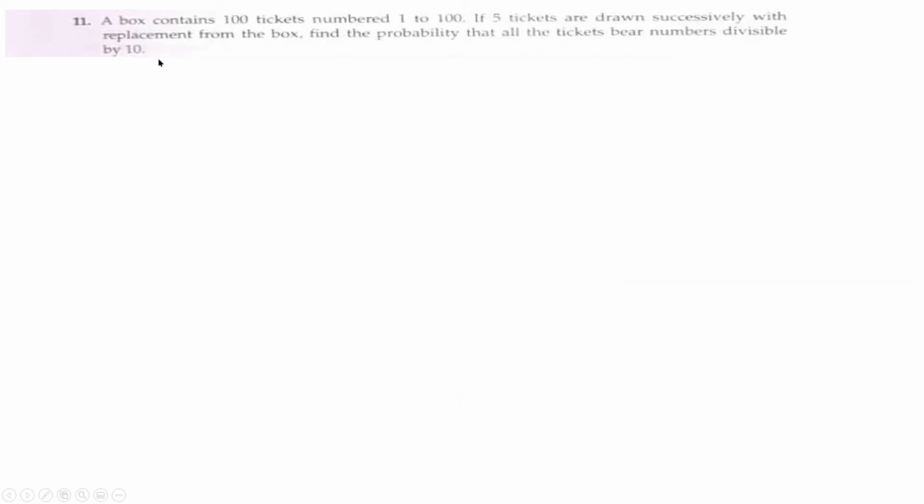Next question. A box contains 100 tickets numbered 1 to 100. If 5 tickets are drawn successively with replacement from the box, find the probability that all the tickets bear numbers divisible by 10. So here it is given a box contains 100 tickets numbered 1 to 100 and 5 tickets are drawn successively with replacement. We need to find the probability that all tickets bear numbers divisible by 10.